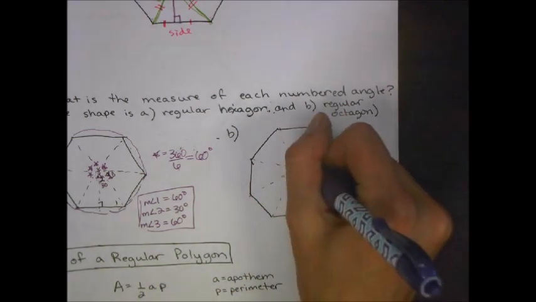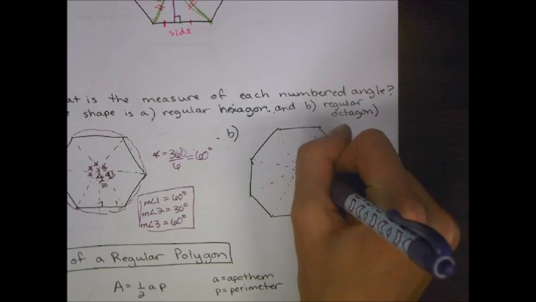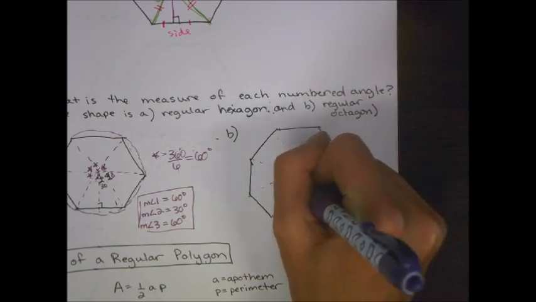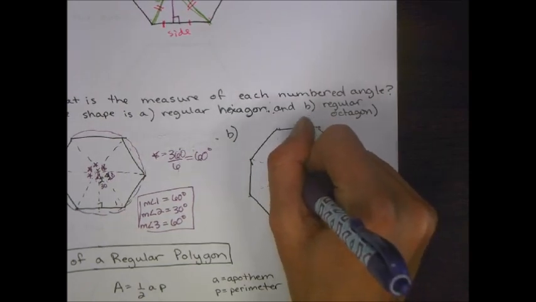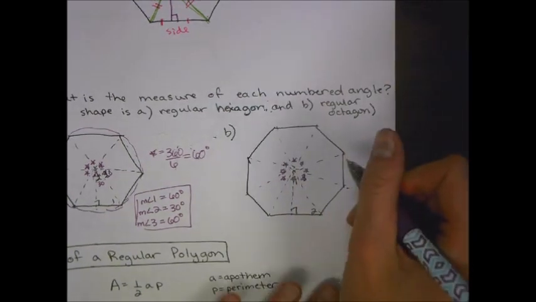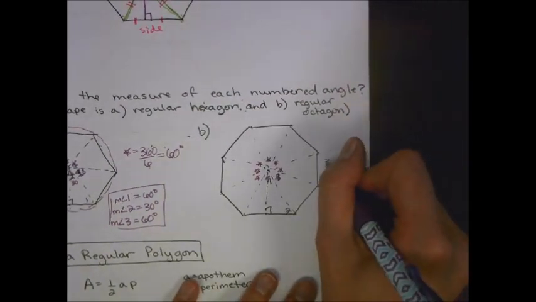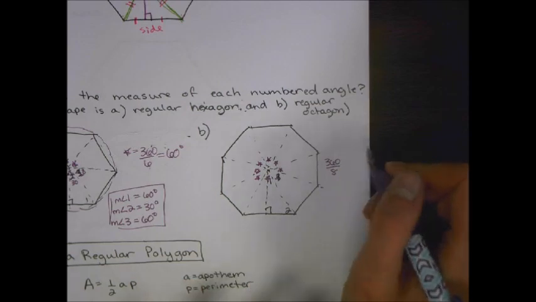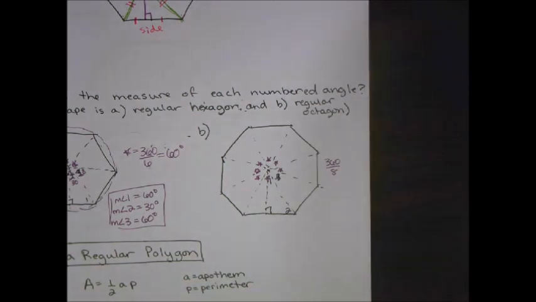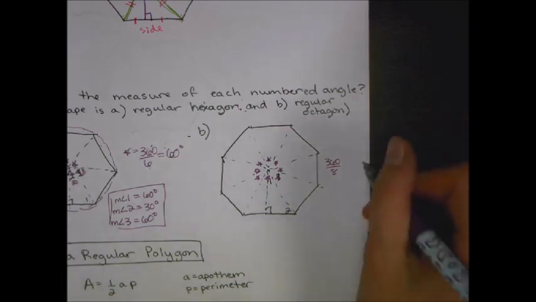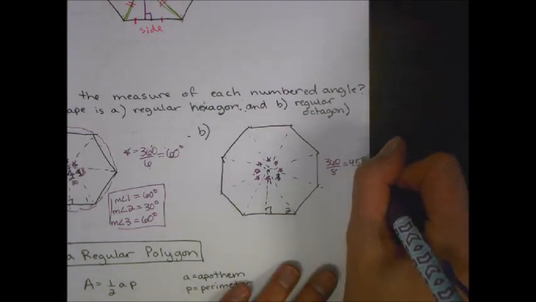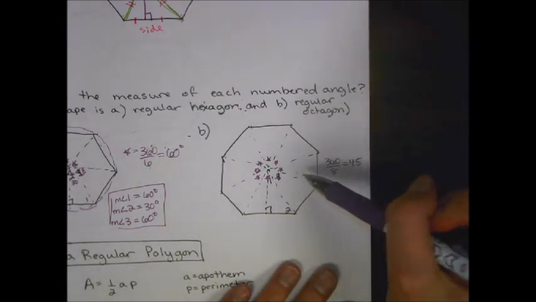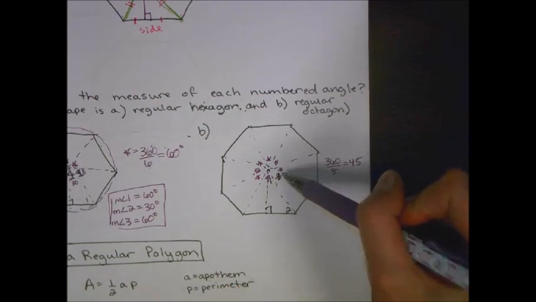For B, we have 1, 2, 3, 4, 5, 6, 7, 8 full triangles. We're going to have 360 divided by 8, which is 45 degrees. So angle 3 is one of those angles.